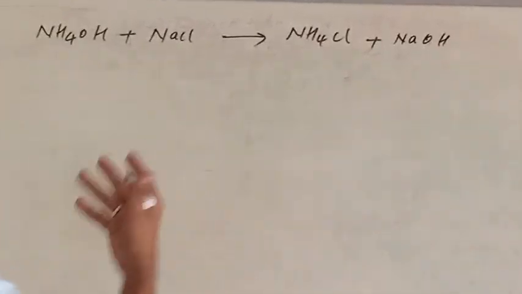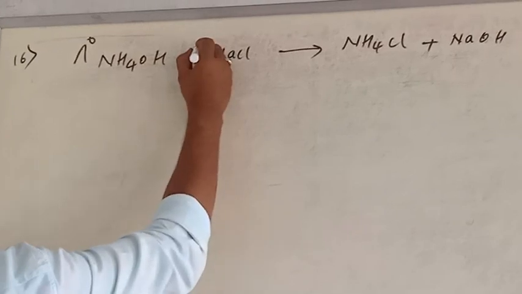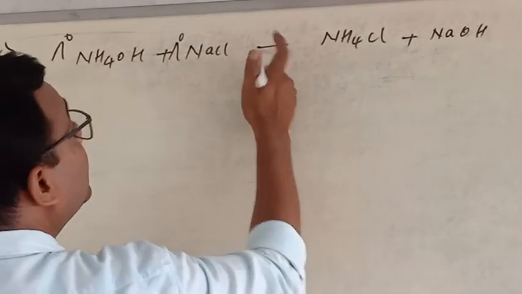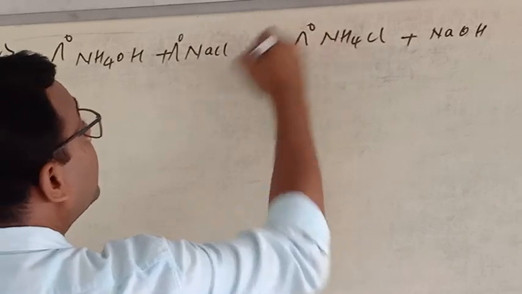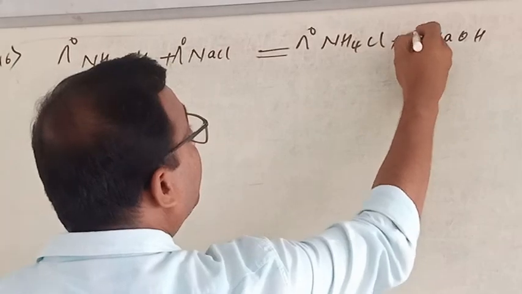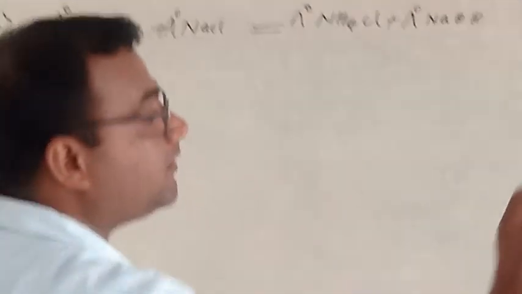When you apply the Kohlrausch law for this type of equation, we can write lambda naught m of ammonium hydroxide plus lambda naught m of sodium chloride is equal to lambda naught m of ammonium chloride plus lambda naught m of sodium hydroxide. So we have to calculate for ammonium hydroxide.